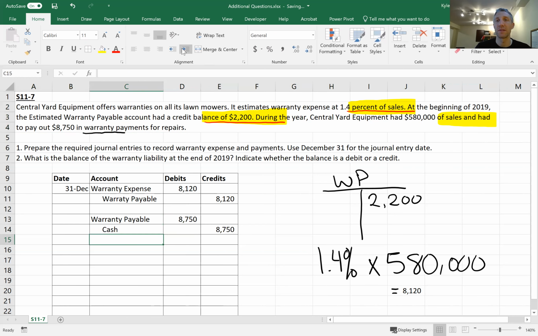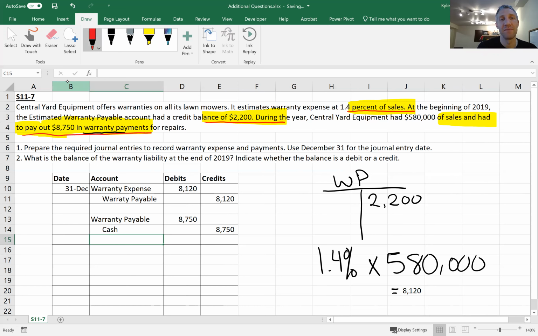What we need to be aware of here is the method of payment. It said they paid out $8,750 in warranty payments. Sometimes organizations simply replace the defective product with a product from their storage room. Sometimes they pay in cash.